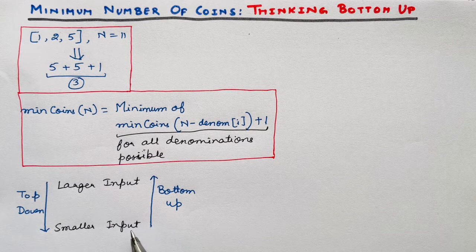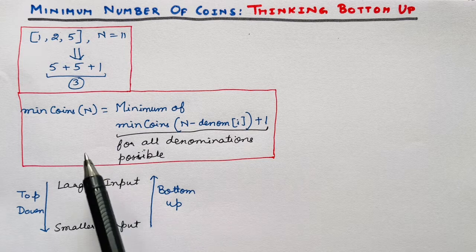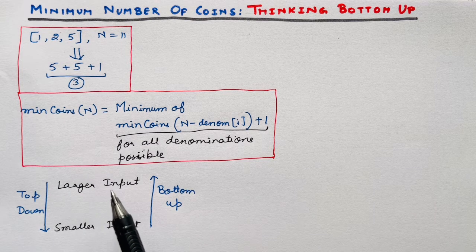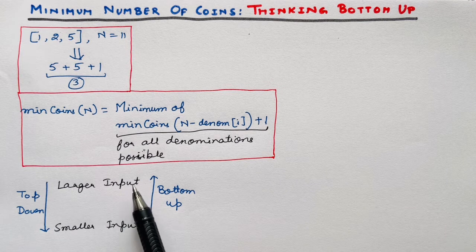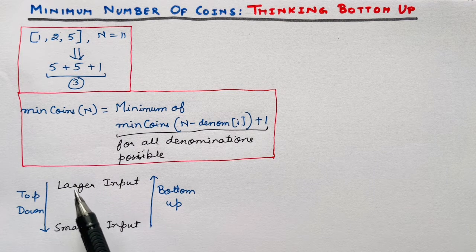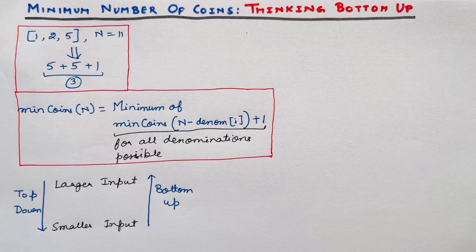We will first calculate the answers to smaller problems, then using them we will build and reach gradually to the larger input which was asked in the question. We will still use the insight of the recursive relation. We will still use the answers to smaller problems to derive the answers for larger problems, but the order will be in reverse. That means we still have to store the results of smaller problems somewhere.